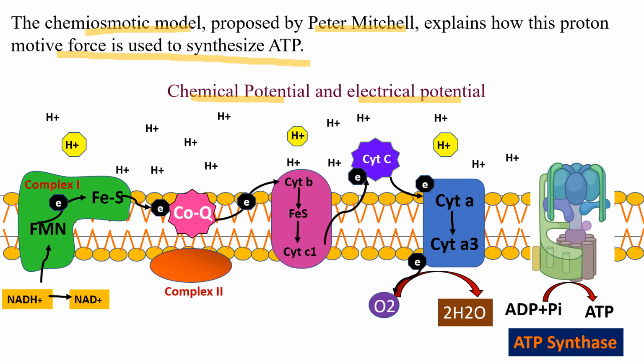Chemical potential is generated by the H+ ion concentration in the intermembrane space being higher than in the matrix, and electrical potential is generated because the positive charge in the intermembrane space is higher in comparison to the matrix. So the chemical potential and electrical potential help ATP synthase to generate ATP in the matrix.